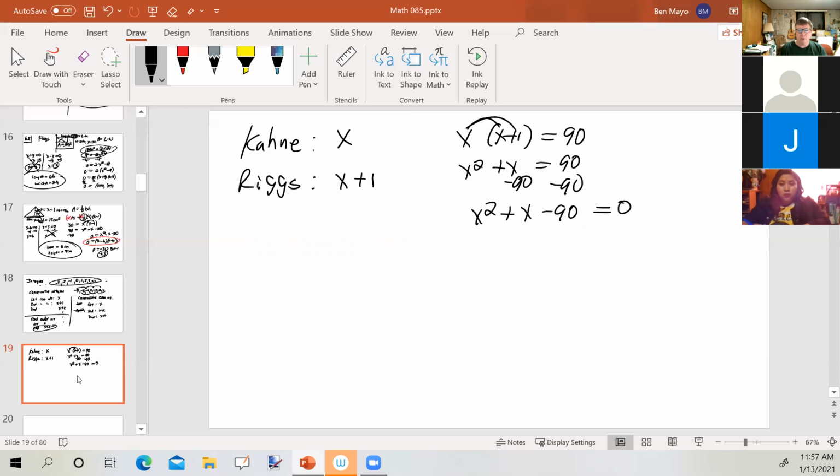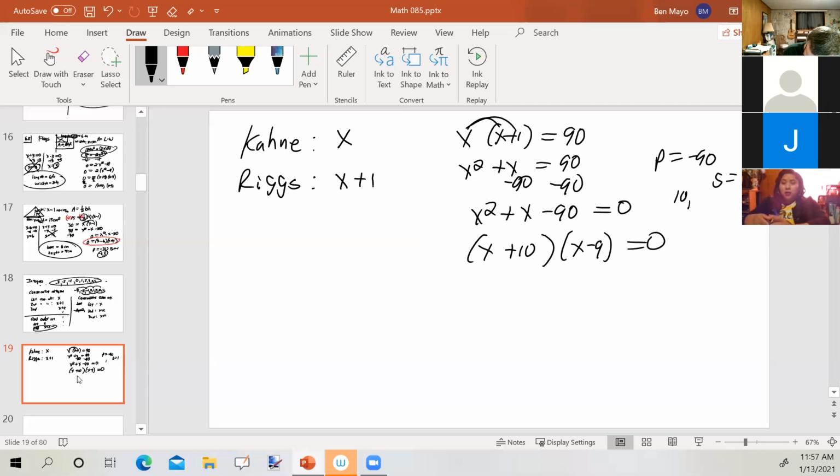So now our equation is in standard form. On the left side of the equation, there's no greatest common factor. It's not a perfect square. Leading coefficient of a 1, so X and X. Product is negative 90. The sum is 1. How about plus 10 and minus 9? Okay.